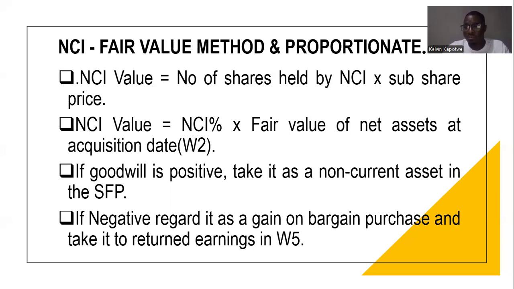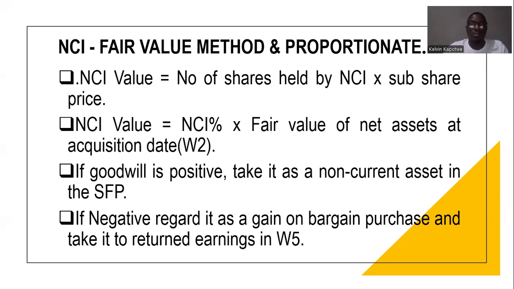So the market value of the subsidiary's shares is what you're going to use to multiply by the number of shares so that you get the actual value. If NCI is calculated using the proportionate method, you're basically going to get the percentage.